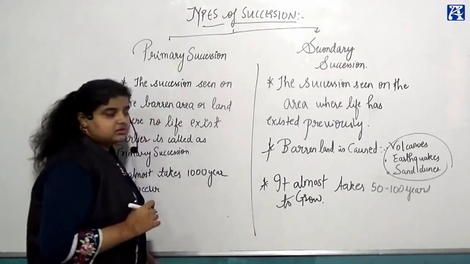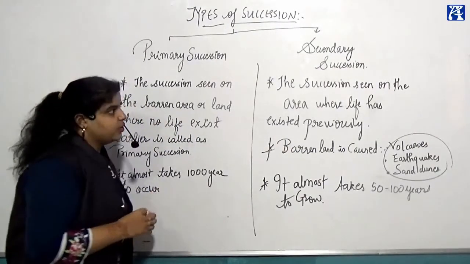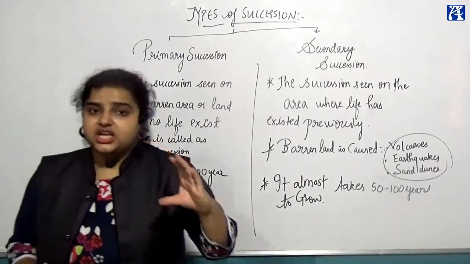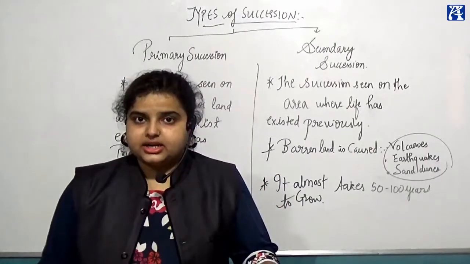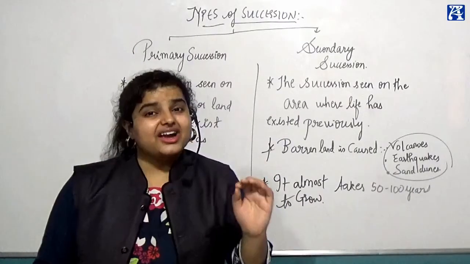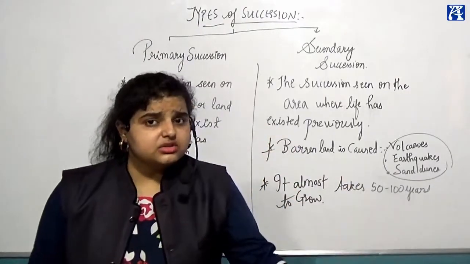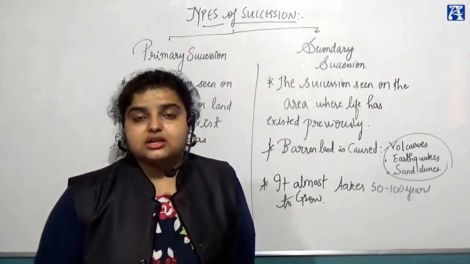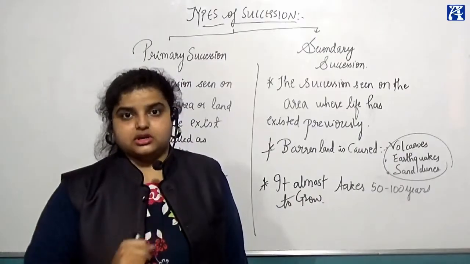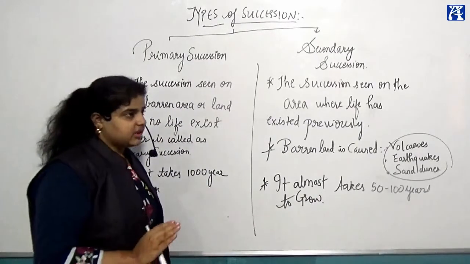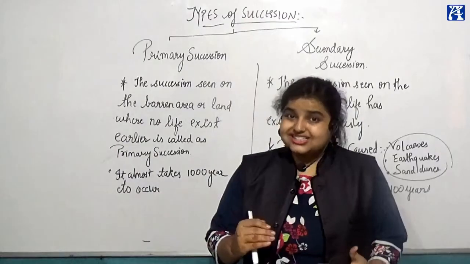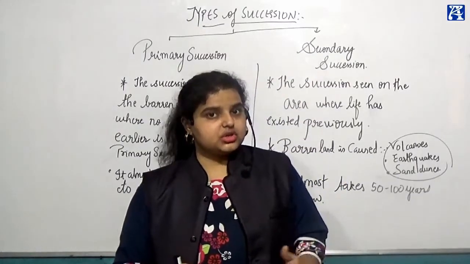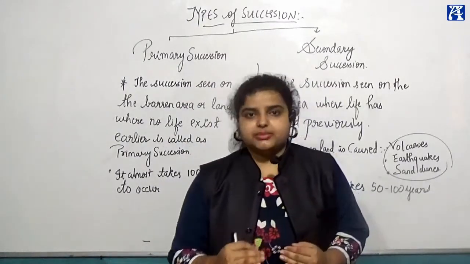Clear? Any doubt? No. Now we will see two major types of succession stages, and the very important one in it is hydrarch succession, or hydrosphere succession. What is hydrosphere? I told you in the last class. Hydrosphere is basically the growth or succession seen in fresh water. Before we go to it, I'll tell you what we have covered. We saw how communities respond to succession, with 7 to 8 fundamental points.